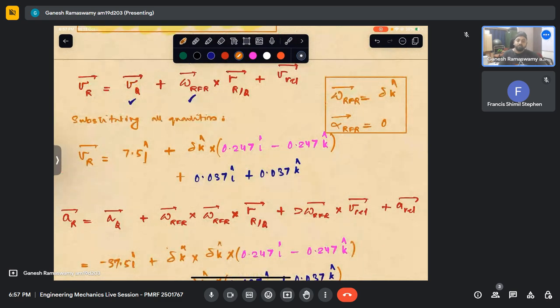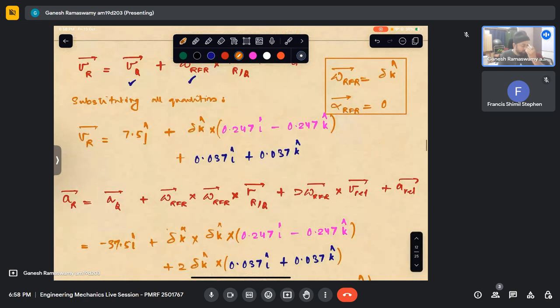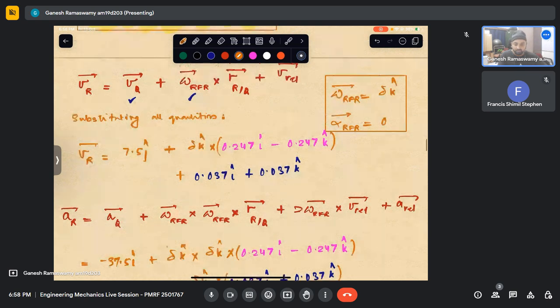When things were simple in 2 dimensions, the cross products were straightforward. Now just that complexity has come in. Other than that, there is no difference in the analysis. When I post this, I'll solve this completely with the answers. In the meantime, if there are any questions, I'm happy to take them, because I've been doing omega cross R for quite a while now.